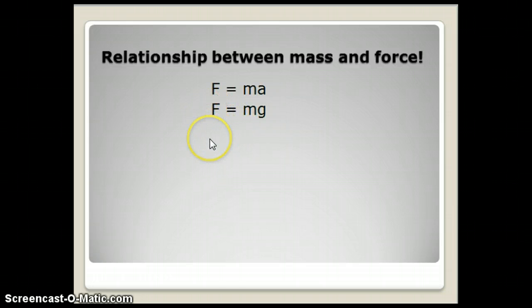So we often say the mass is pulling, as opposed to saying the force is pulling, when really it is the force caused by the mass that is pulling the block. So that's kind of why we use those terms interchangeably, because force is based on mass and gravity, and we can convert between mass and force by using this formula here.